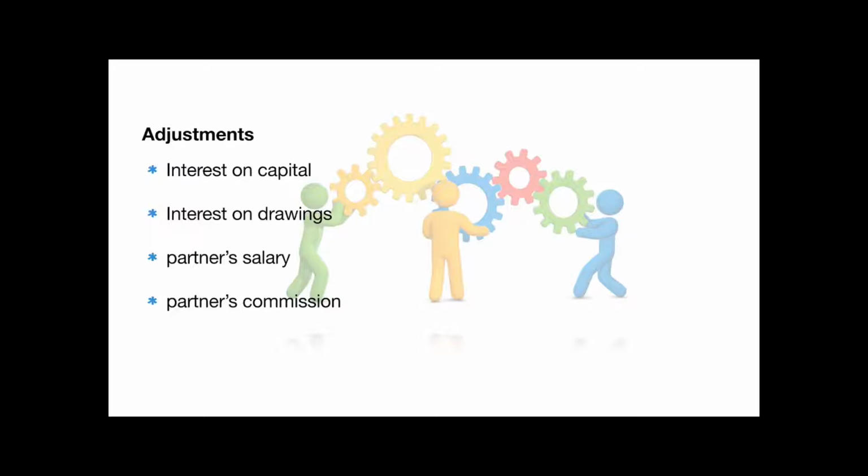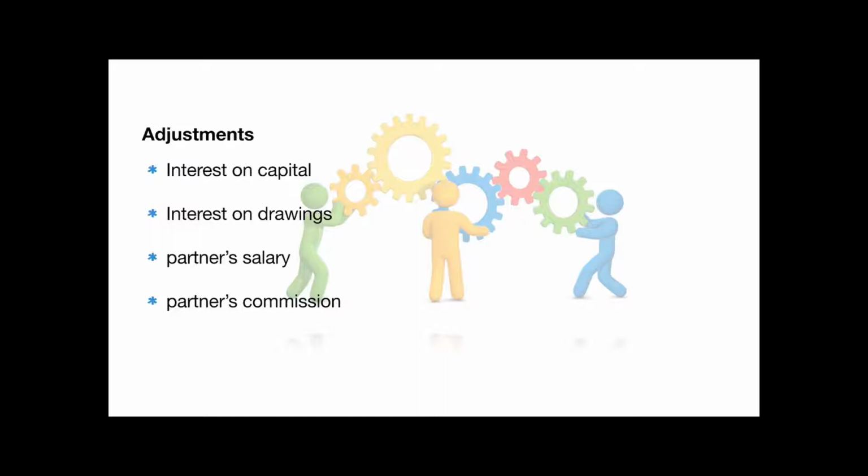Interest on capital. So, every partner contributes capital to the business. There are chances where profits are not earned every time. In such situation, partners might expect some interest on capital. Interest on drawings. That portion of the capital which is being withdrawn by the partners is called drawings.